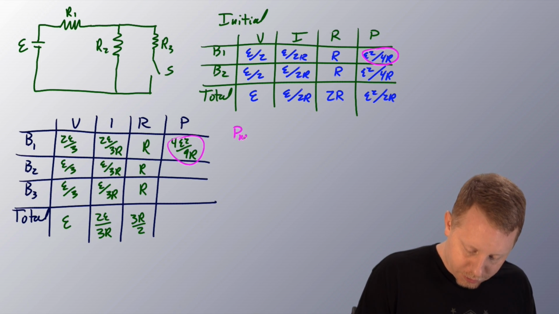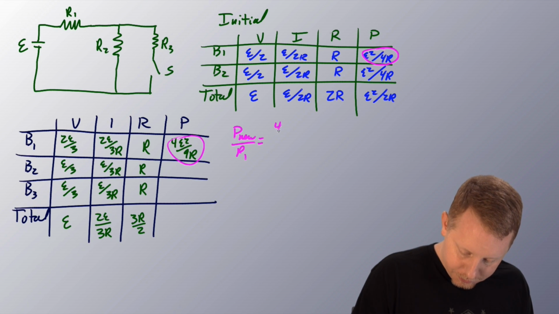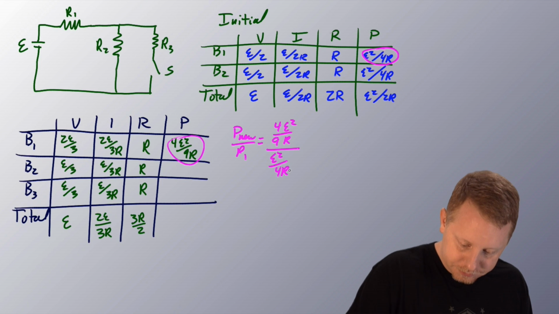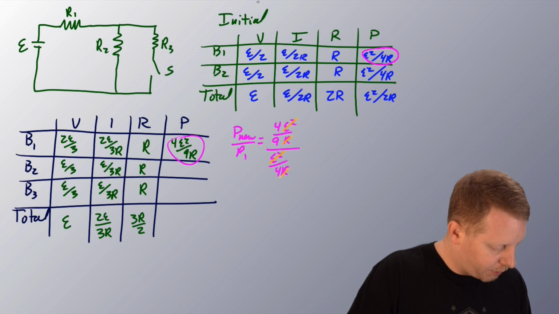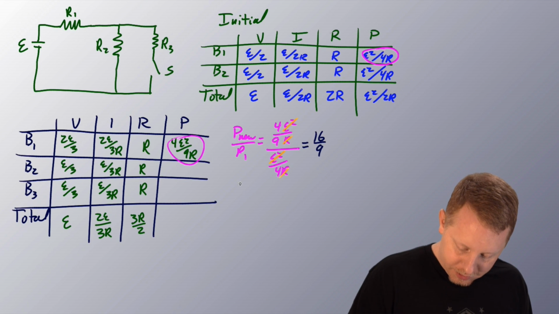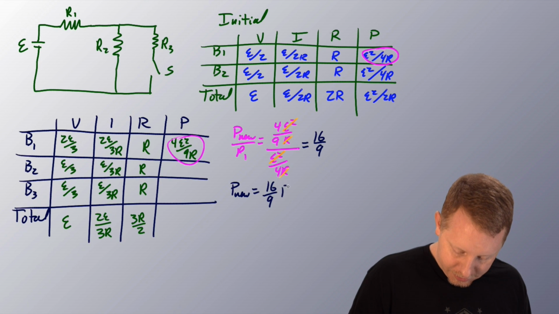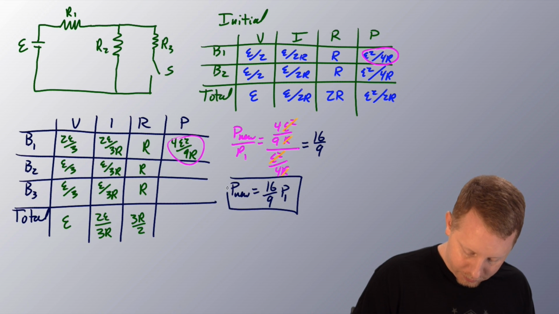So our new power over P1 would be 4E squared over 9R divided by E squared over 4R. Our E squareds make a ratio of 1, our R's make a ratio of 1, and I will come up with about 16/9. So our new power is 16/9 of our initial power.